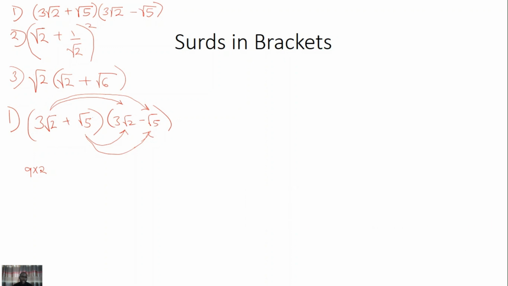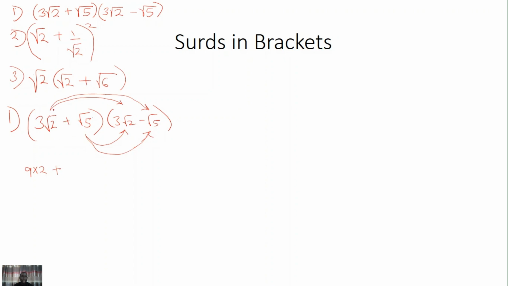The reason why this one is 9 times 2 is that when you are multiplying surds, you multiply the whole numbers separately, which is 3 times 3, that gives 9, and you multiply the surds, which is root 2 times root 2. Root 2 times root 2 is equal to 2. Okay? If you check my video on multiplication of surds, you will understand why it is like this. Kindly watch it and you will have a clear understanding of this operation.